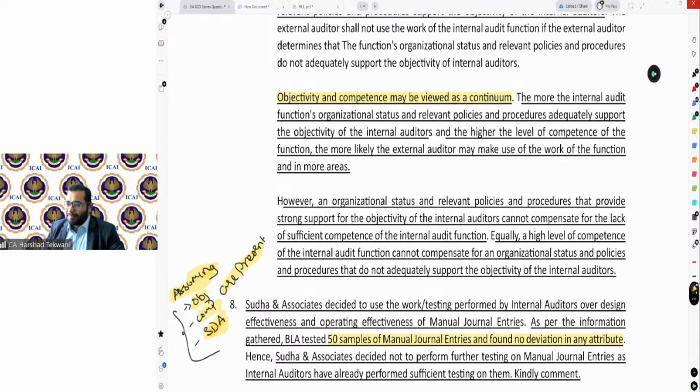Come on, guys. Come on, I'm still waiting for your answers. Can I rely upon the work which has been performed by the internal auditors?